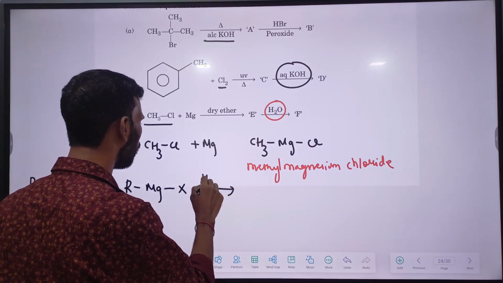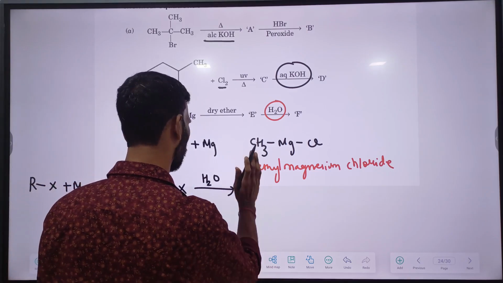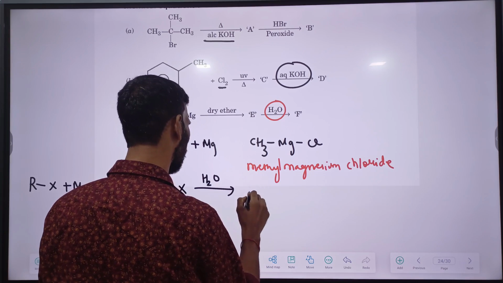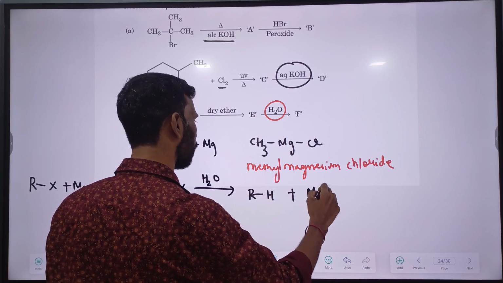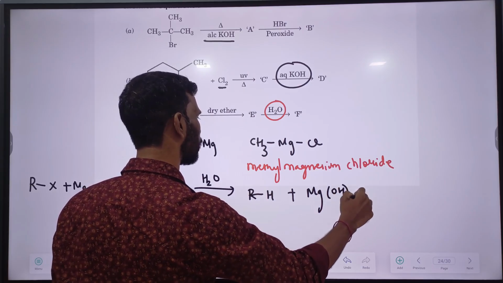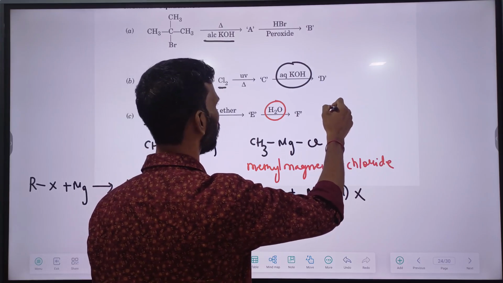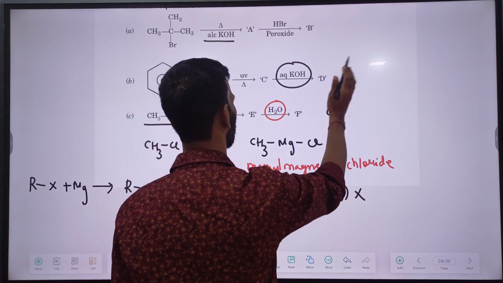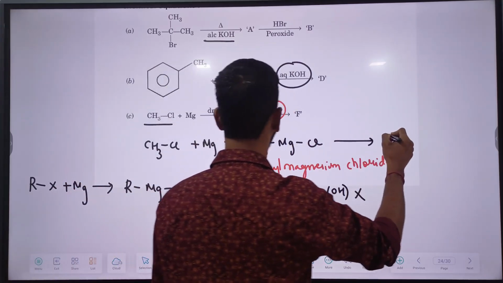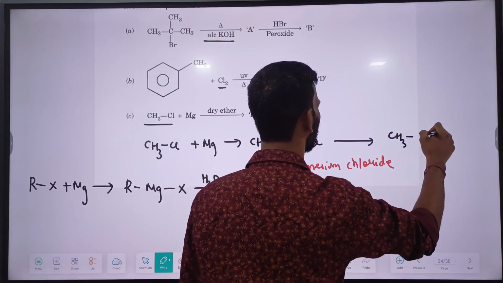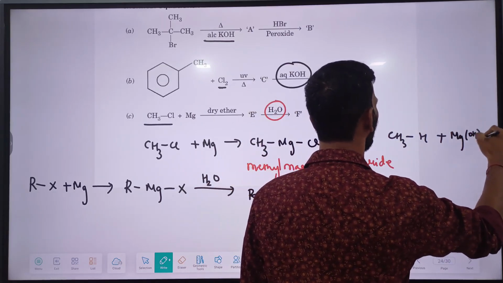Further, if you do the hydrolysis, what you get is R, or you get the alkane actually, RH plus MgOHX. Means over here F will be what? Major product. It will be CH3H plus MgOHCl.